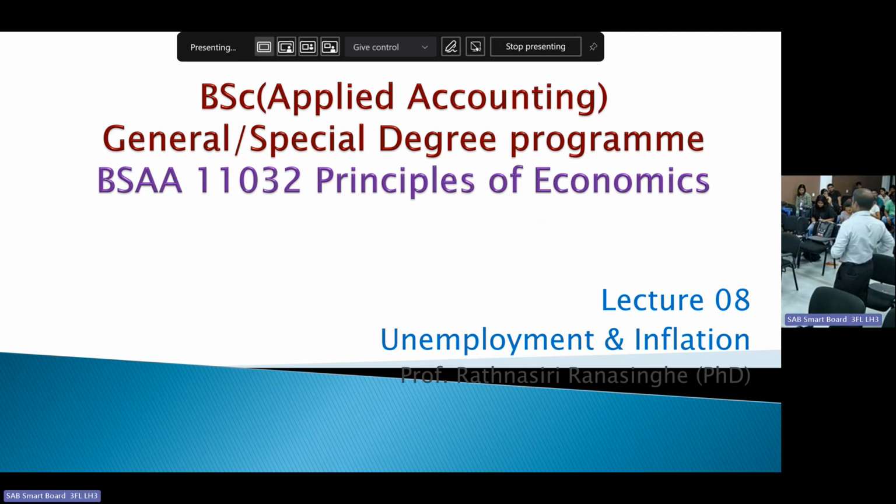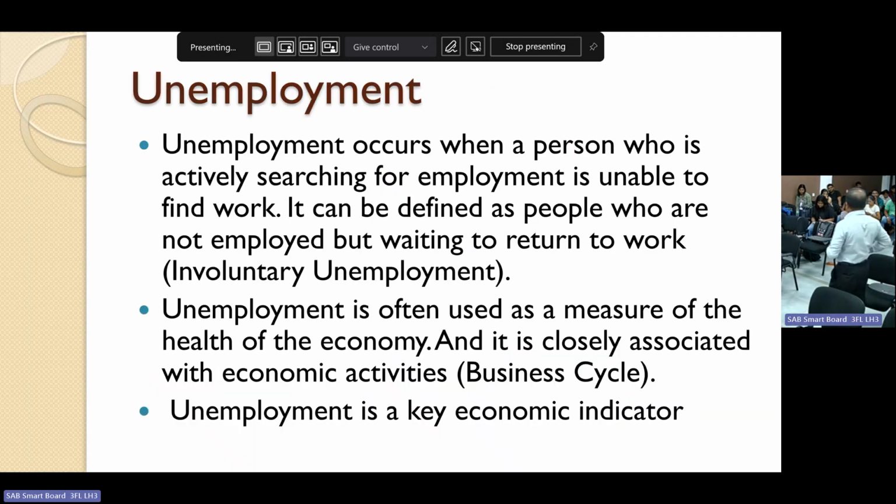So if I ask you, what is unemployment? In economics, what sort of unemployment are we talking about? People who are willing to work but cannot find employment.